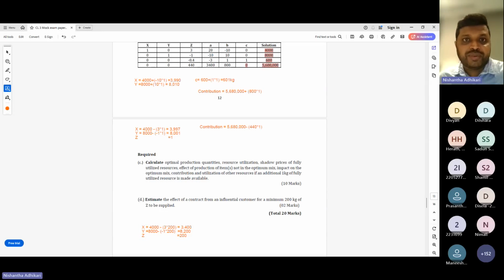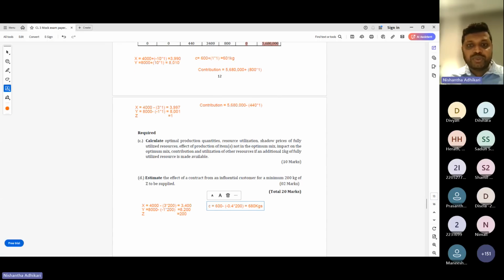Then it will happen to the unutilized resources: 600 minus 0.4 into 200. It becomes plus 680 kilograms.